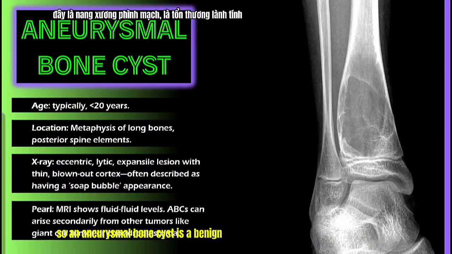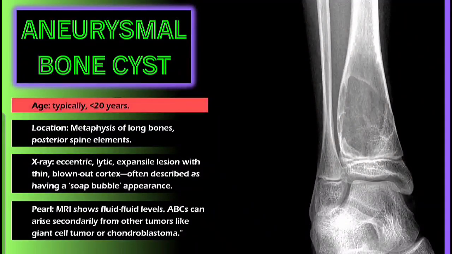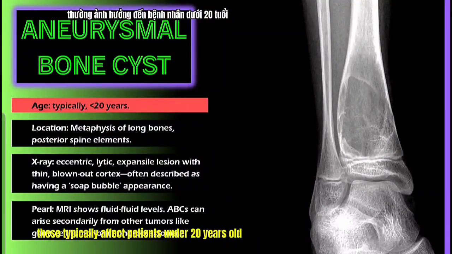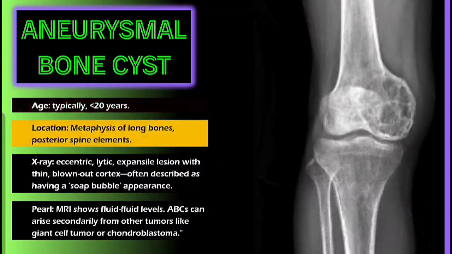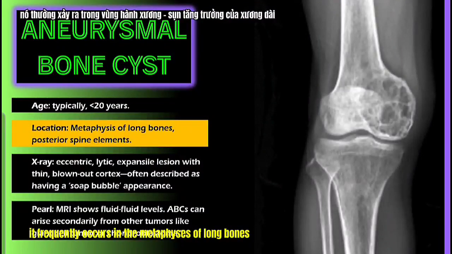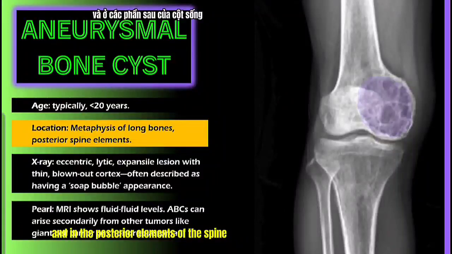So an aneurysmal bone cyst is a benign blood-filled lesion. These typically affect patients under 20 years old when the bone is still skeletally immature. It frequently occurs in the metaphysis of long bones and in the posterior elements of the spine.